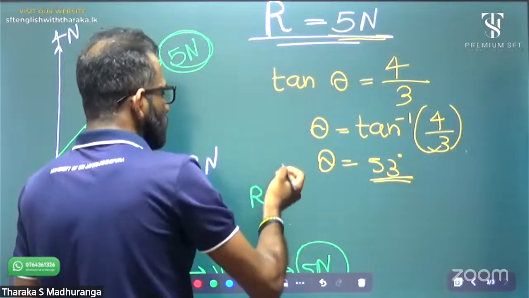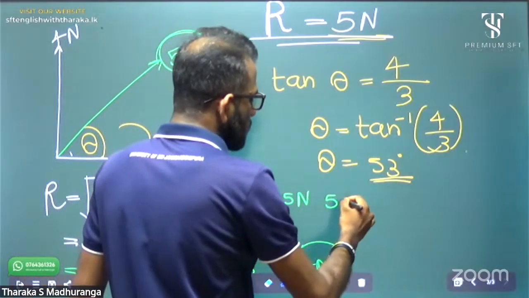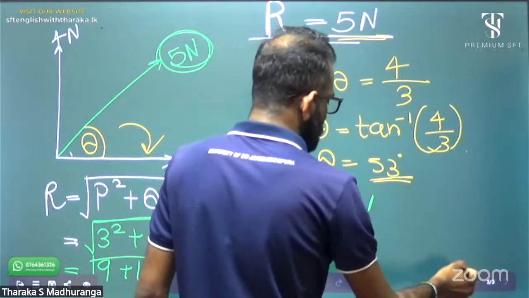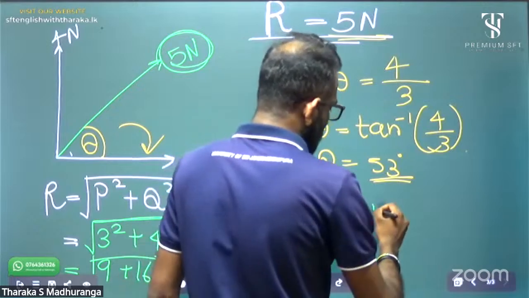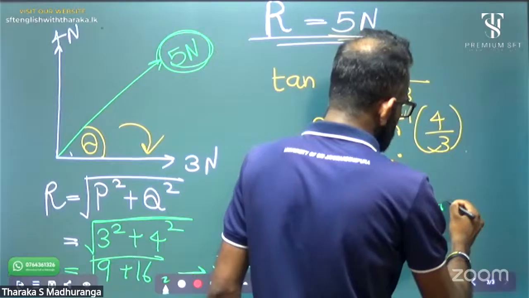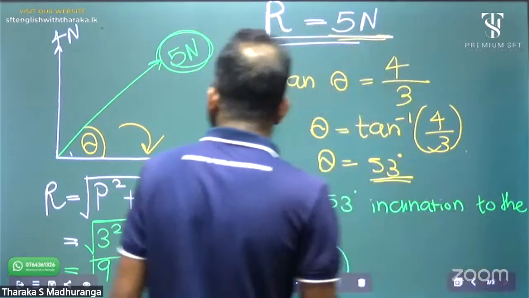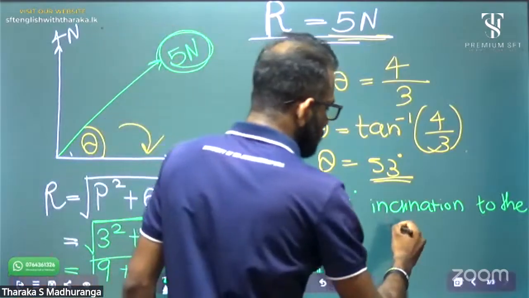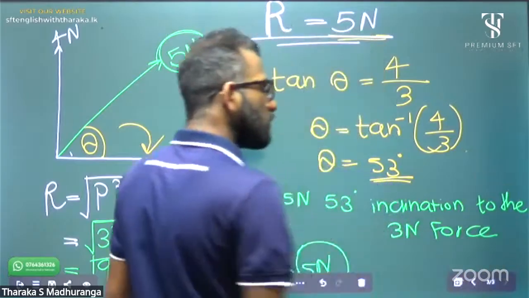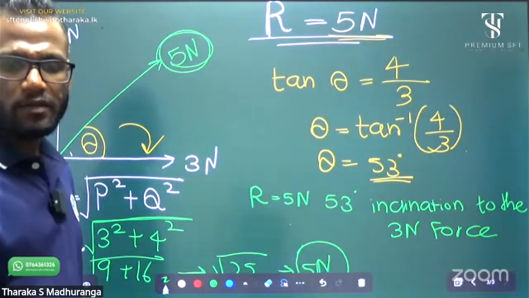R equals 5 Newton, with a 53-degree inclination to the 3 Newton force. Okay, that's how you can explain the resultant force direction.